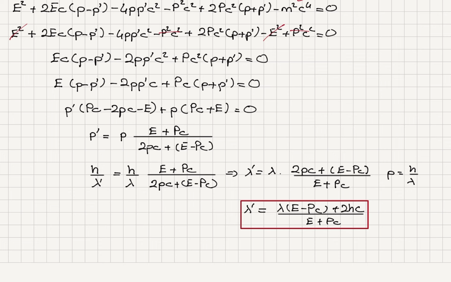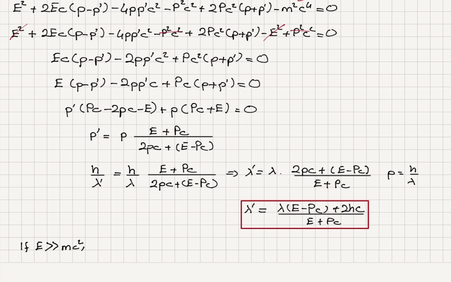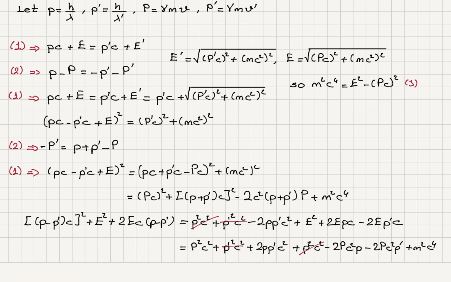If capital E is much greater than mc squared, then looking at our third equation, equation number 3, tells us that capital P times C can be isolated here.